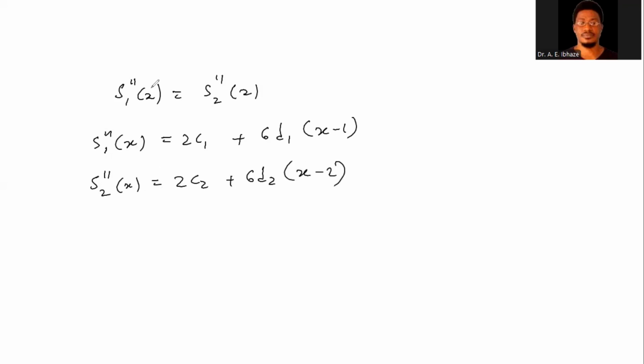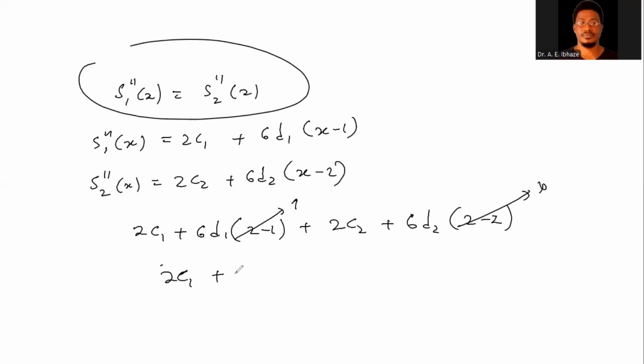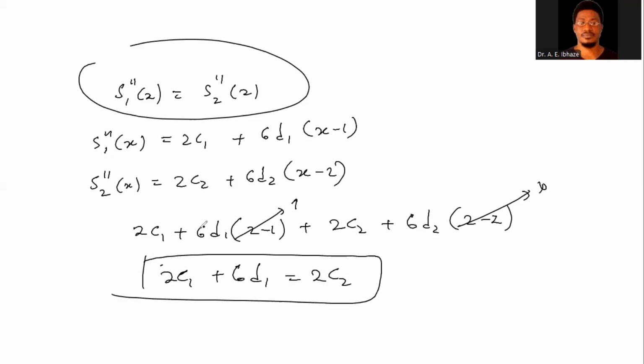So that once we invoke this condition, then we have 2C1 plus 6D1 into bracket 2 minus 1 equals 2C2 plus 6D2 into bracket 2 minus 2. So this reduces to 1, and this reduces to 0. And then we have 2C1 plus 6D1 is the same as 2C2. It's another equation in the system.